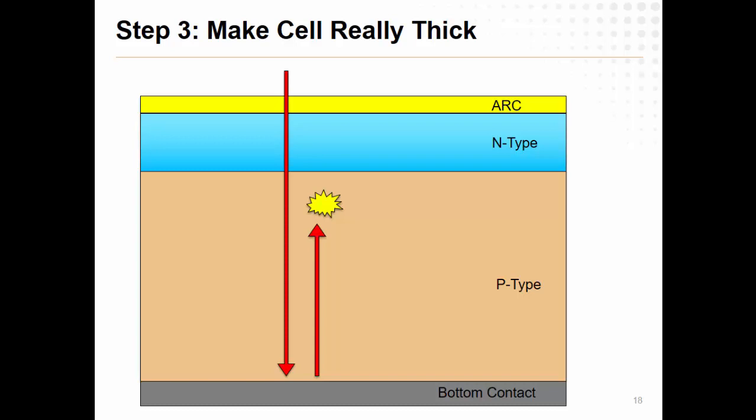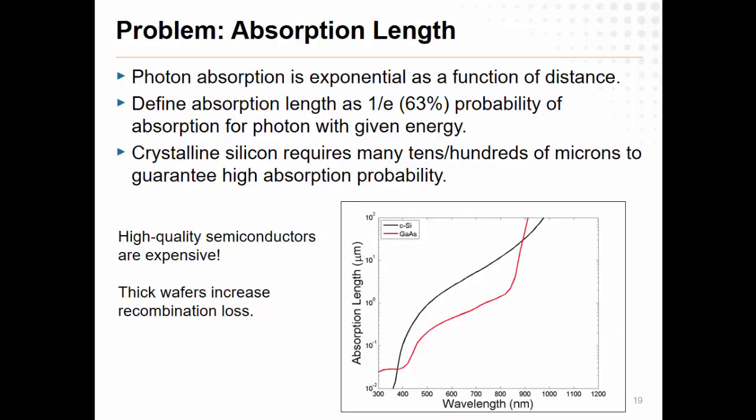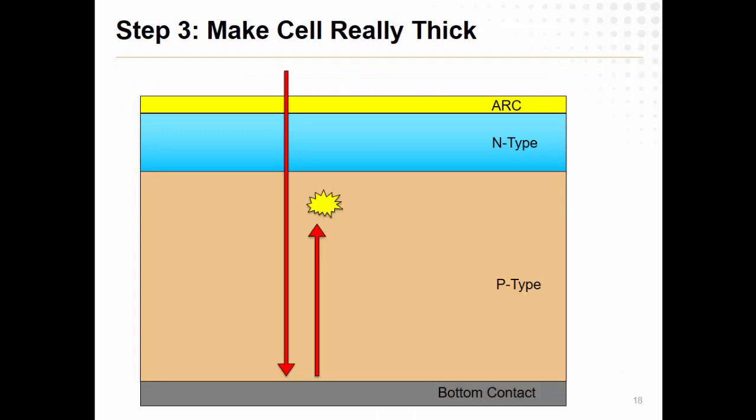But there's kind of a more important reason why we don't do that, which is you have to get pretty thick in order to really capture all the photons. So this is a fun little graph. It's called the absorption length. The probability of absorbing a photon over some given distance is exponential in nature.